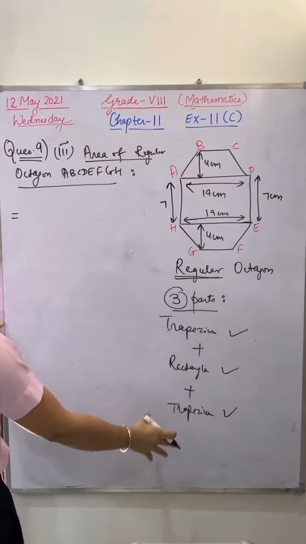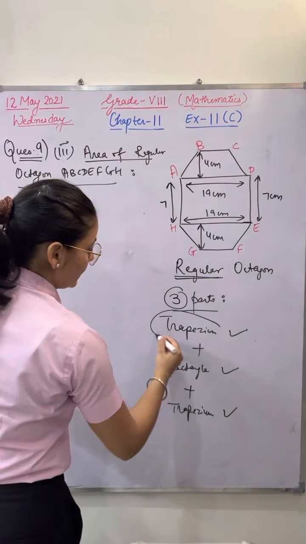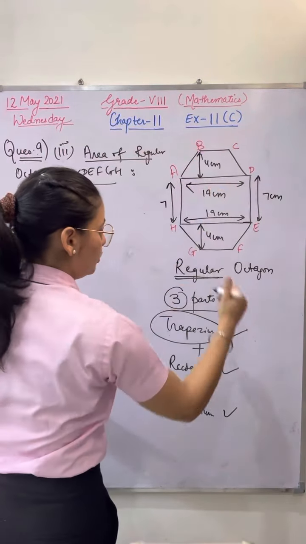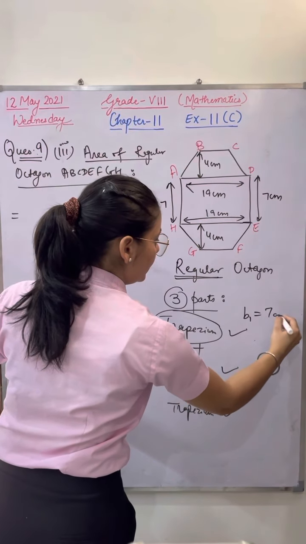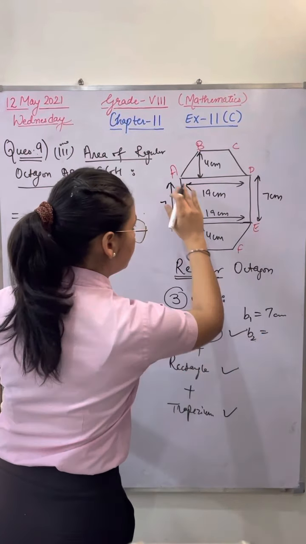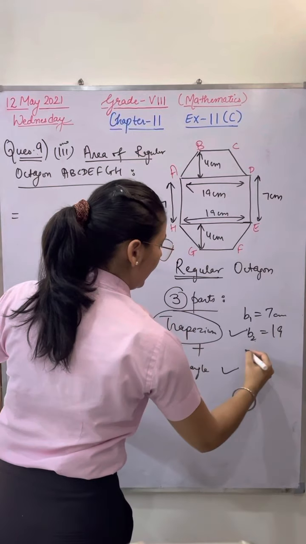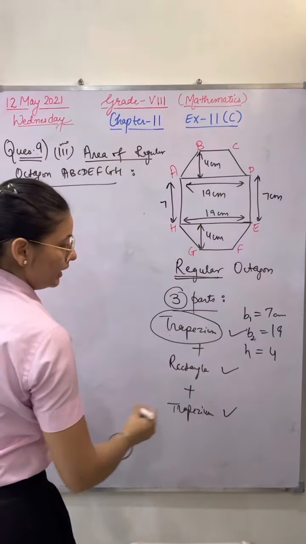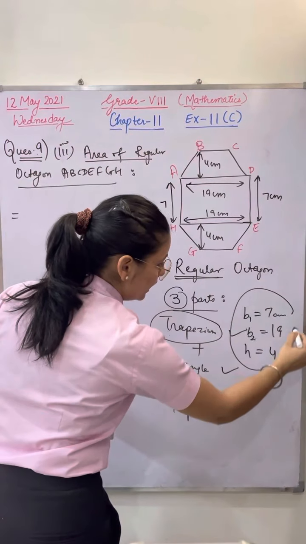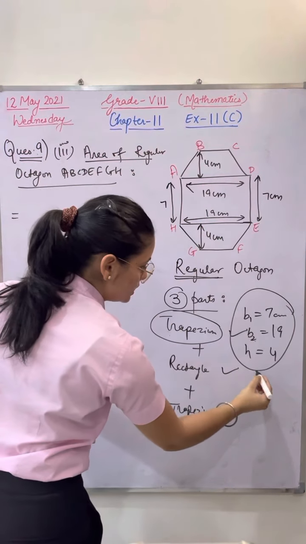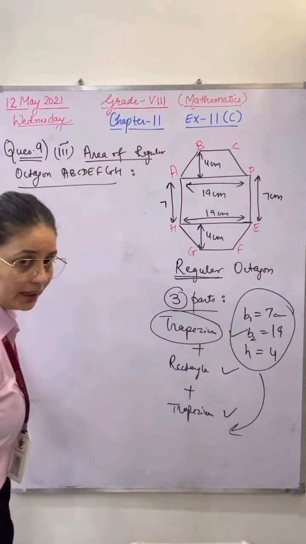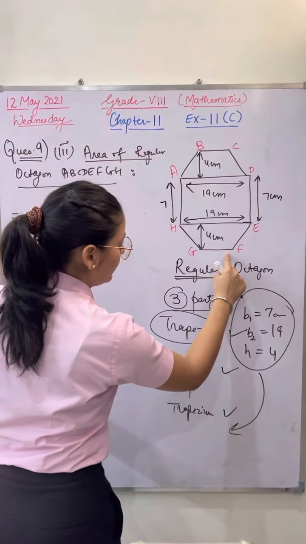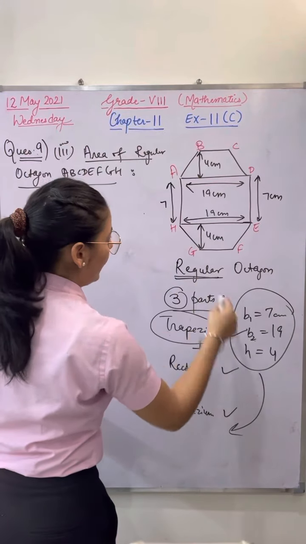The answer of this question is, first take out this trapezium. For this trapezium, B1 is 7 centimeter. B2 is 19 and height is 4. Whatever the dimensions are of this trapezium, the same dimensions are there for this trapezium. Again B1 is 7, B2 is 19 and H is 4.